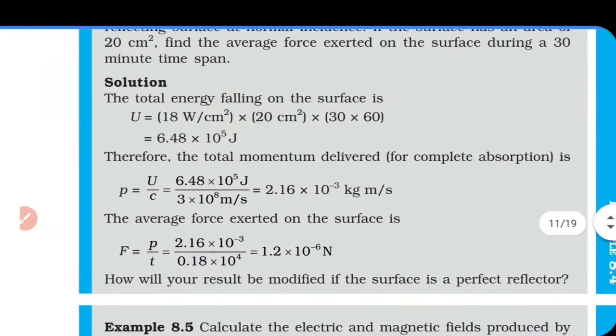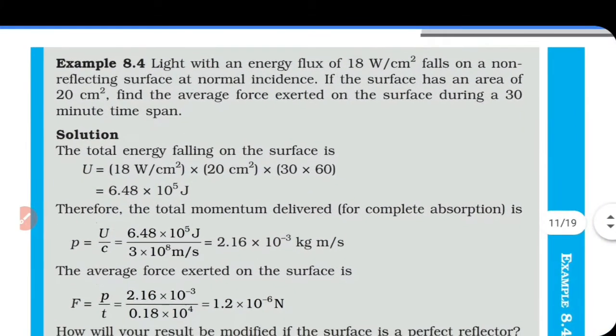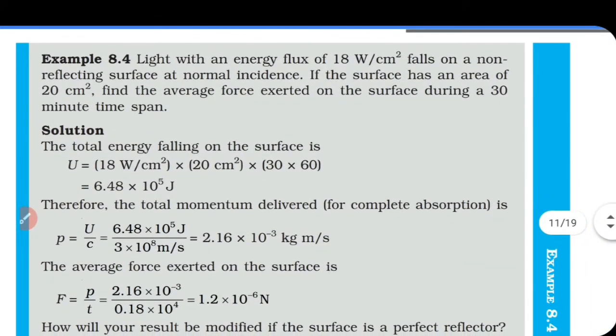Now, moving on to the fourth question. Light with an energy flux of 18 watt per centimeter square falls on a non-reflecting surface at normal incidence.